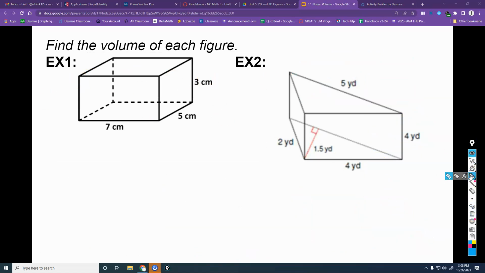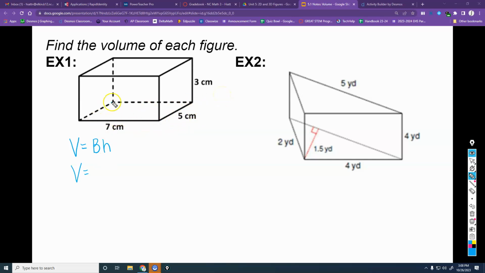For the first example, we just have a very straightforward rectangular prism. So you actually probably have known how to do this for a really long time. The volume formula is the area of the base times the height. Well, for this particular shape, your base is a rectangle.